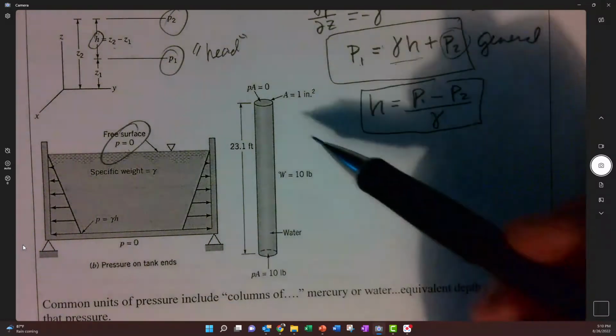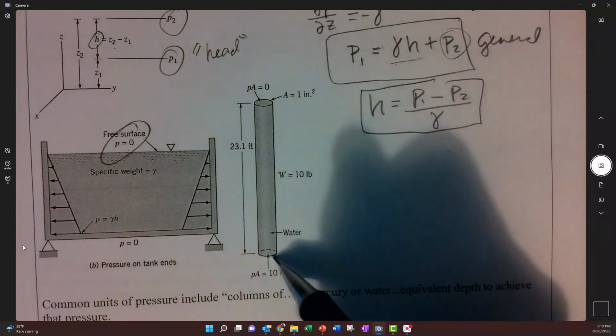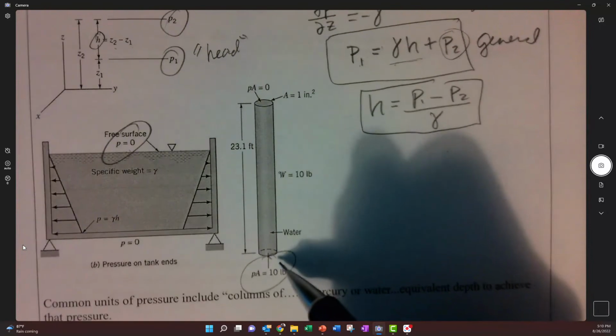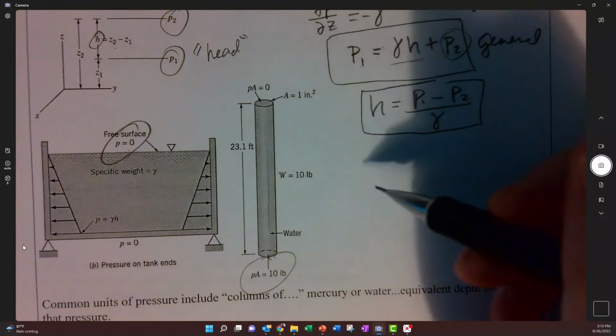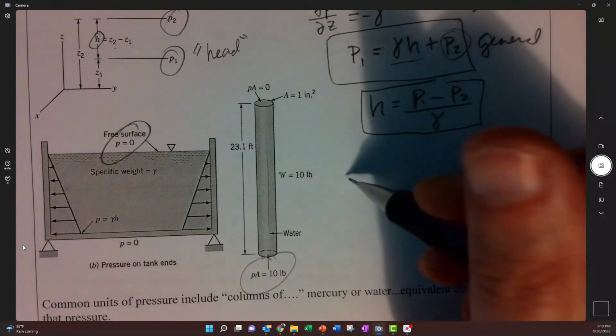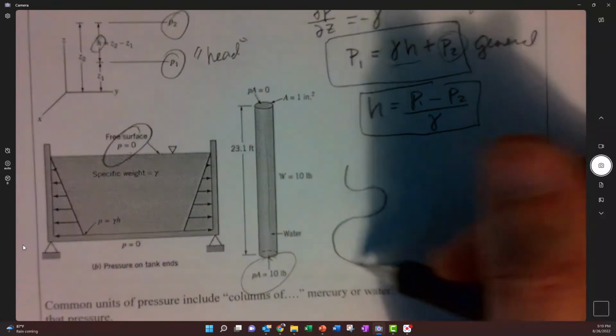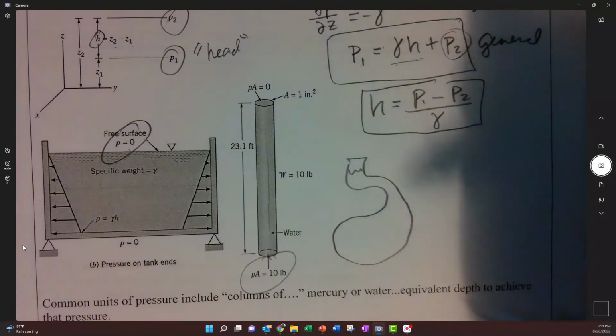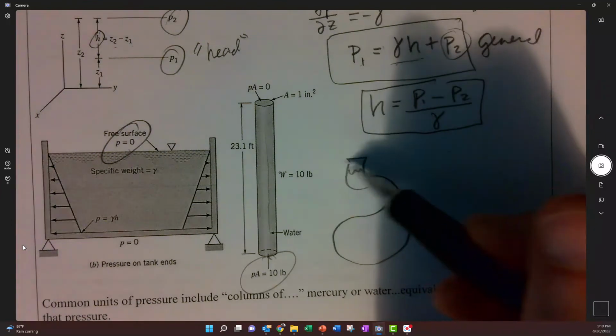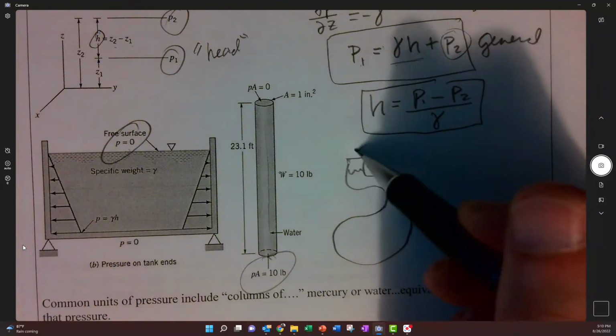So when you're thinking of what is the pressure being experienced down here at the bottom, you could think of it as almost a column of water, right? But it doesn't have to be a column. You could have some kind of weird vase, like if I had a weird vase that looked like this, and here is where the level of the top of the vase is, and it's open to the atmosphere.